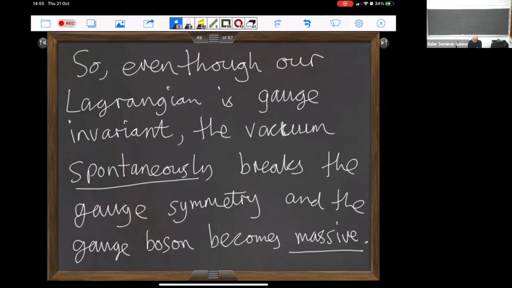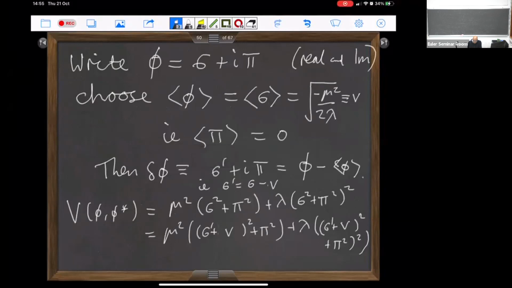Okay, so we see that this mechanism elegantly solves the problem of gauge boson masses. Let's look at it in a little bit more detail. So what we're going to do is actually just look at some properties of the potential. You will do this in more detail also in the field theory courses.